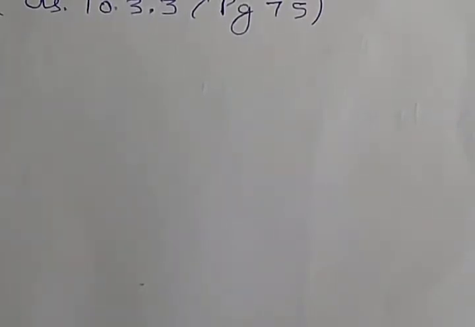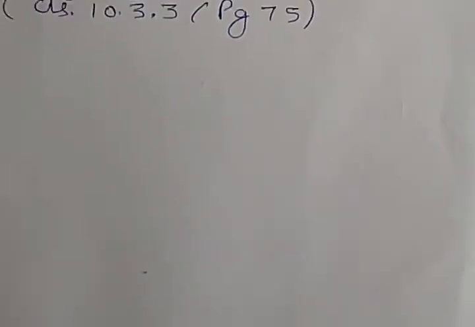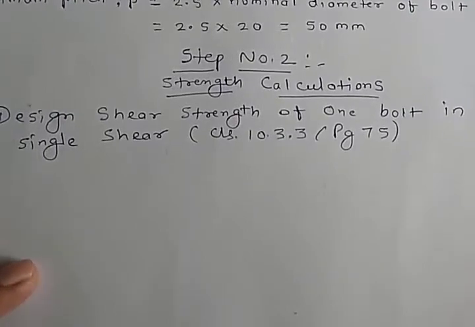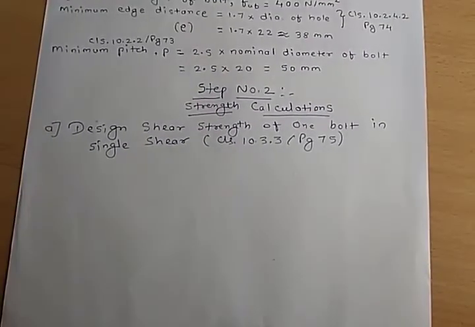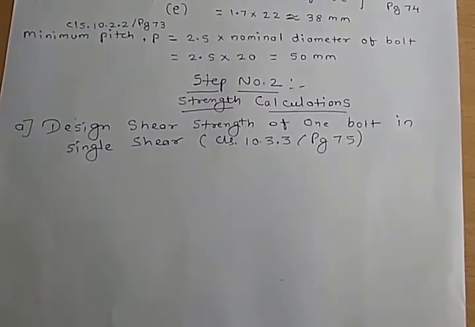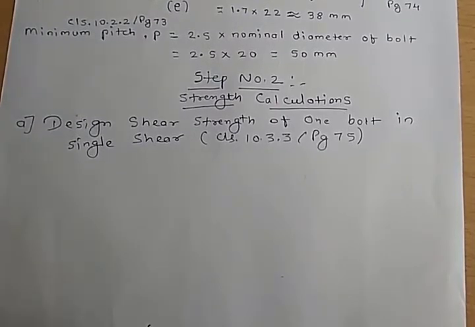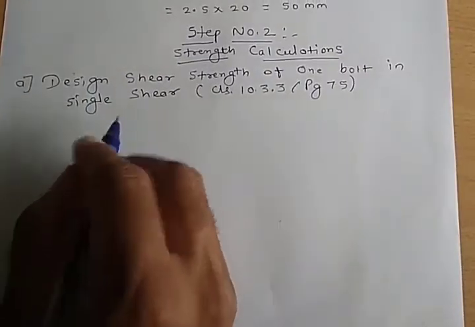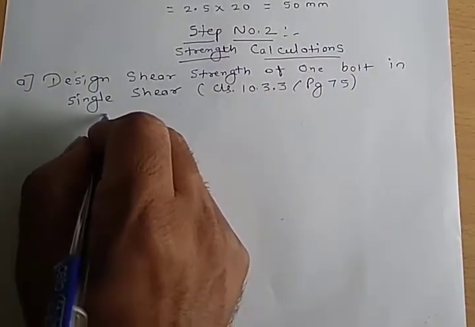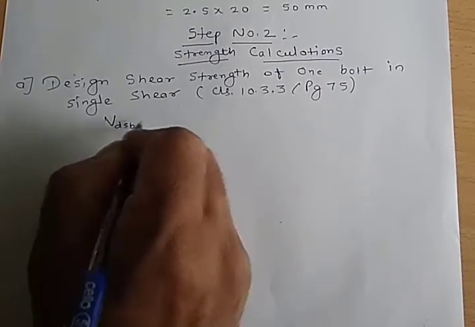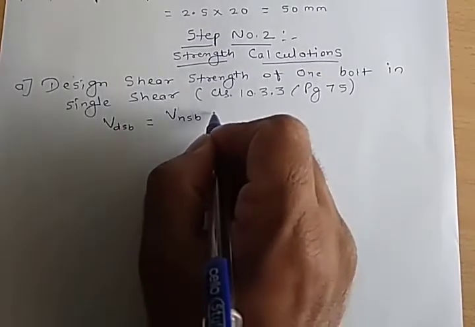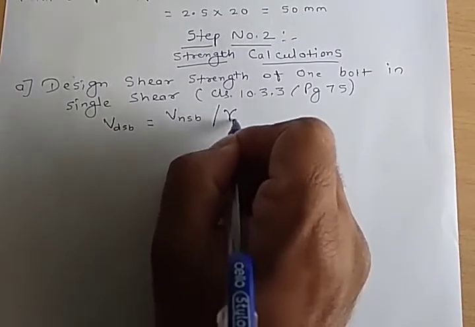Now what we need to do is go ahead with the calculation part. So VDSB is equal to VNSB divided by gamma MB.